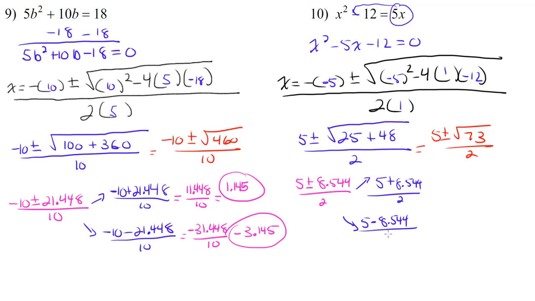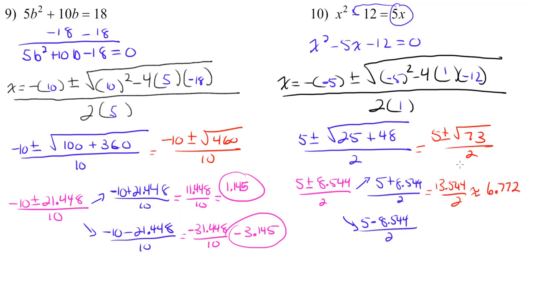8.544 over 2. So 5 plus 8.544 is going to be 13.544. And 13.544 divided by 2 is 6.772. That's approximately, right? Remember, all of these are technically approximately.